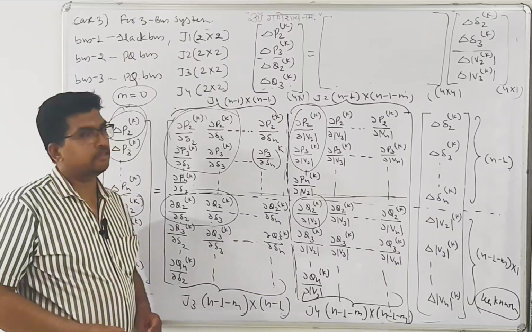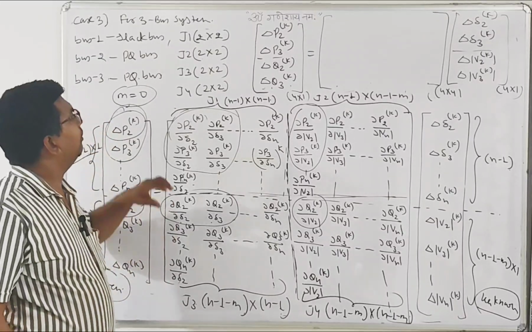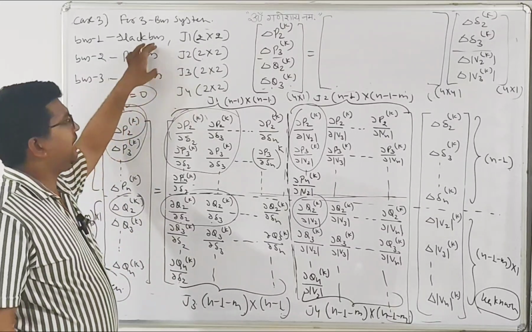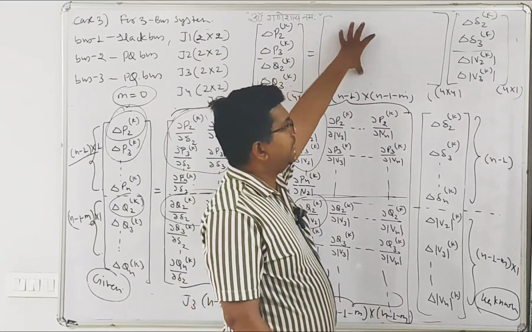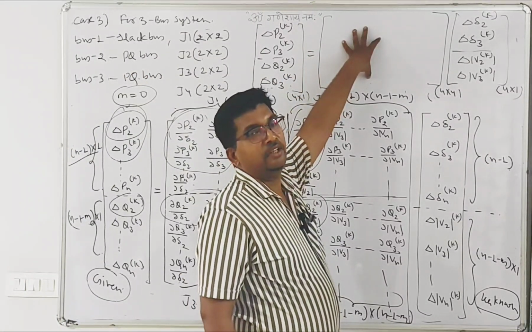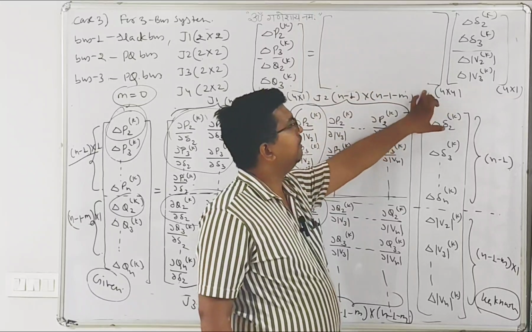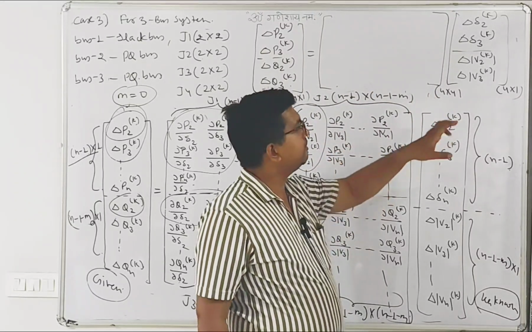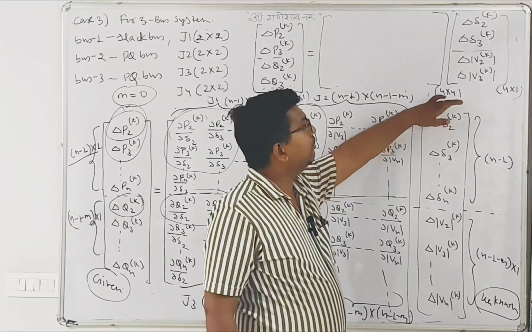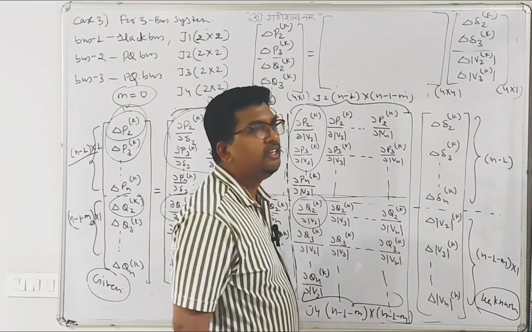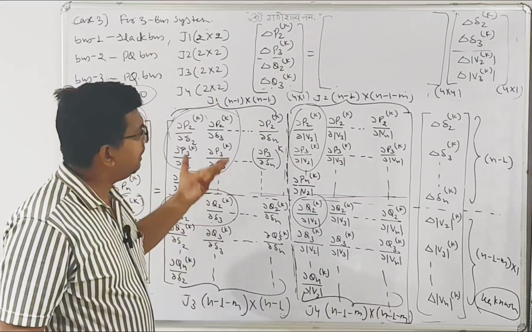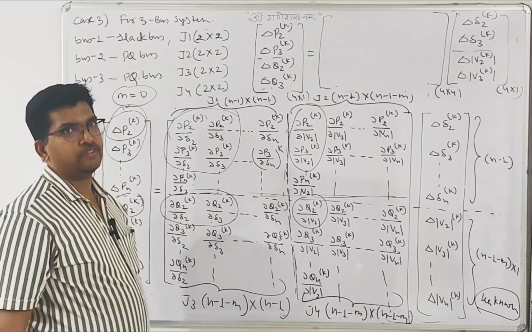It means when all buses except the slack bus are load buses, the size of the Jacobian matrix will increase. Earlier, when there was one PV and one PQ bus, the size was 3 cross 3, but now it becomes 4 cross 4. And once the size increases, it takes more time for the computations.